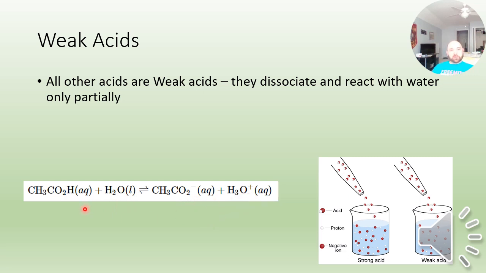The rest of them are just sitting fully together as CH3CO2H dissolved in water. They're still dissolved in the water. They are just not dissociated into their separate ions. This is how most acids actually behave in aqueous solution.